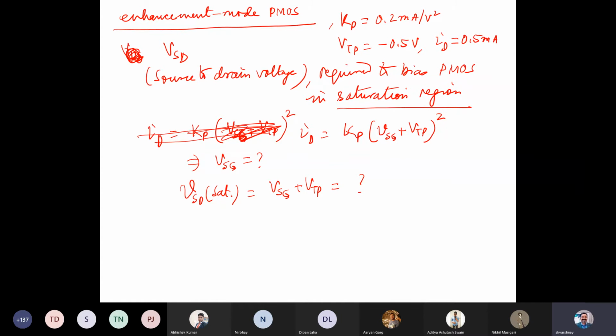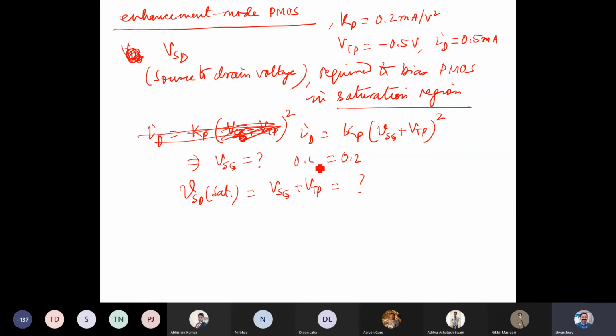So very quickly you can find this out. Kp is 0.2 milliampere, so make sure the units are consistent, right? And VTP is minus 0.5. The current is given as 0.5 milliampere, so that's fine.